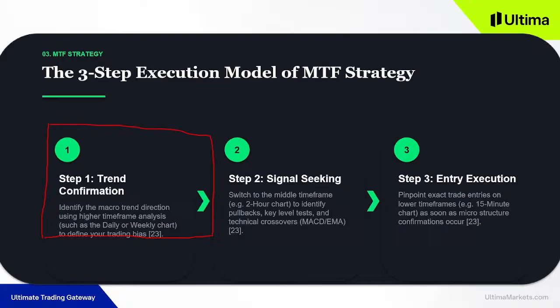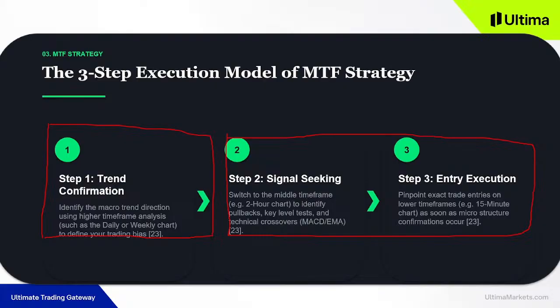And in some cases, you can join steps 2 and 3 together. For example, if you are not able to spend a lot of time looking at the charts and monitoring the markets because you need to work, or maybe you're a student and need to study, but you still want to trade on the markets, you can't spend time on the lower time frames.